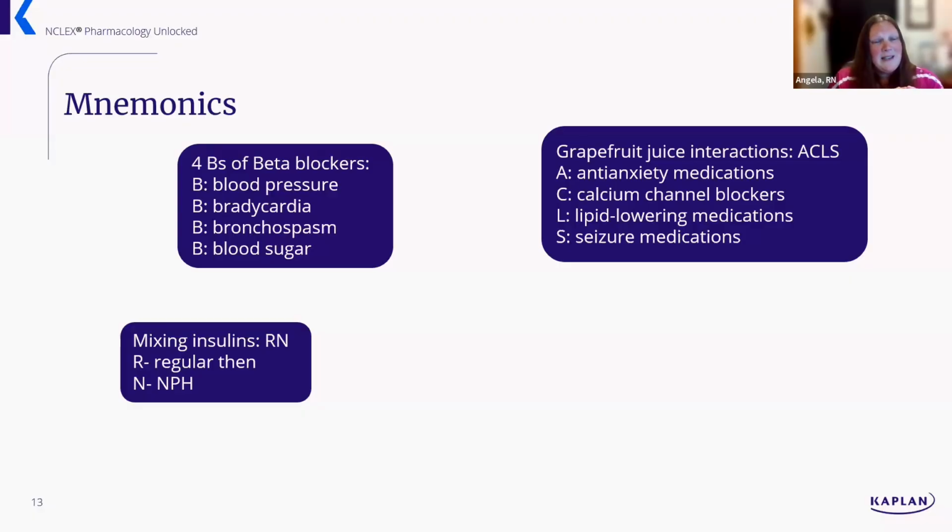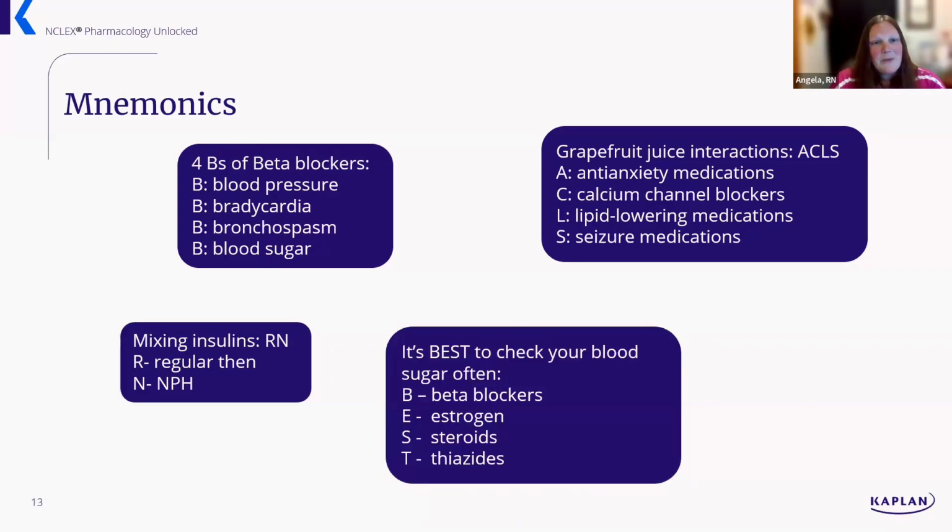And think to yourself, ACLS. Some of us think about that with other things, but I want you to think about it with grapefruit juice. These are some classes that interact: anti-anxiety medications, calcium channel blockers, lipid lowering medications, and seizure medications. So I'm going to remember ACLS with that grapefruit juice.